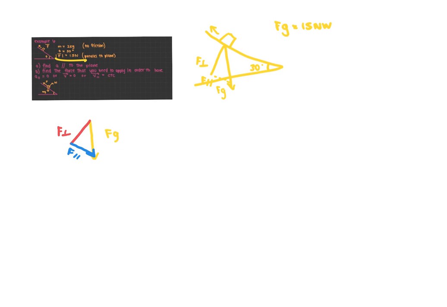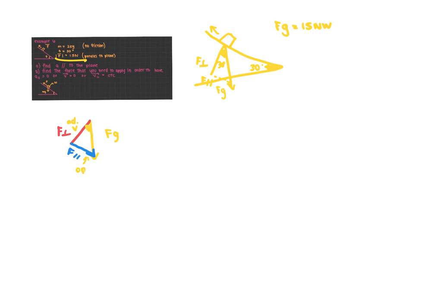So now we know that this angle has to be 30 degrees because there are opposites here. So this angle is 30, same as this. So we know that here this is the adjacent angle and this is the opposite angle.